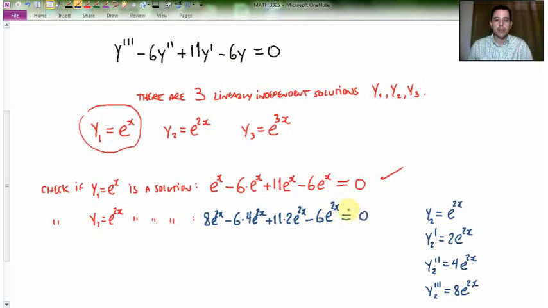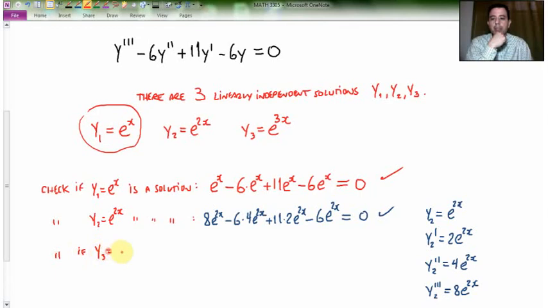Is that equal to 0? Well, see, this is 8 minus 24, that's negative 16. Negative 16 plus 22 is positive 6, and then minus 6, that's 0. Yes, so it works. And you can check the third one as well.